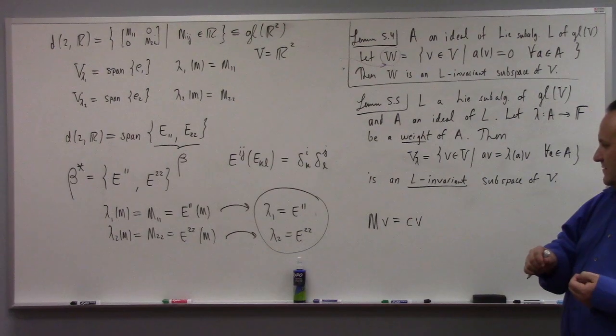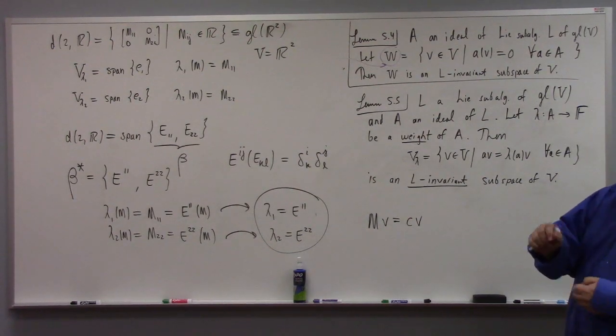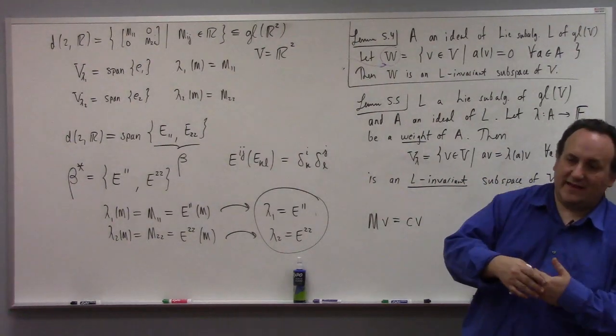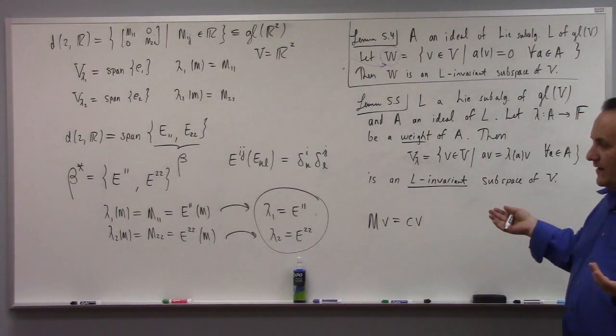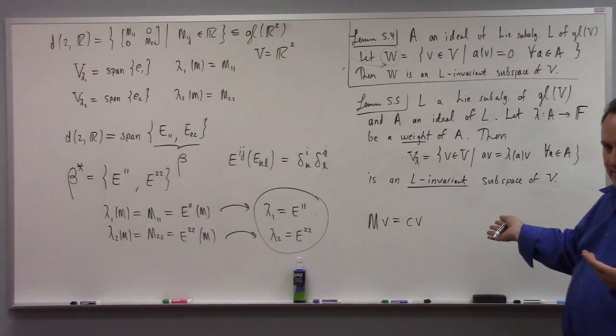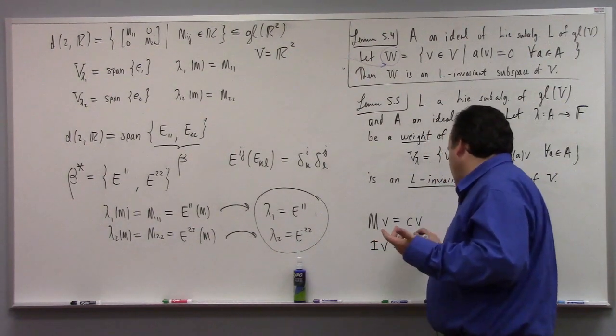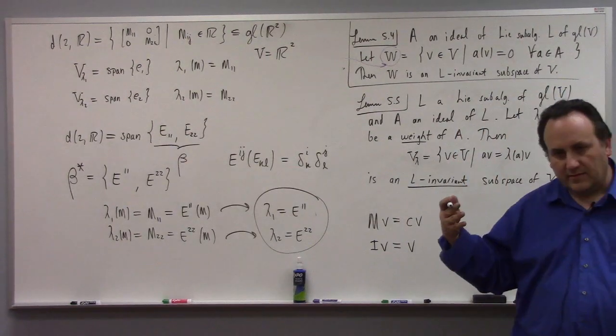If M is equal to the identity, well, great, then that works for any v, so Iv equals v for arbitrary v. That's what I was thinking about.